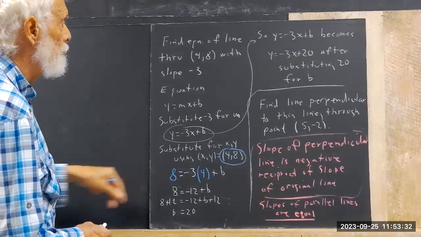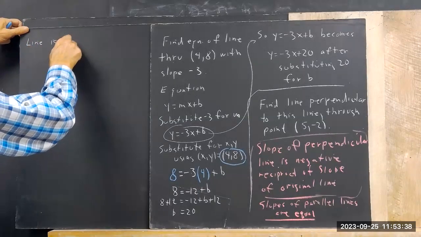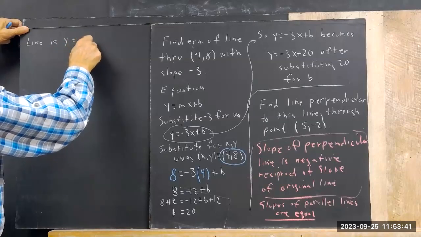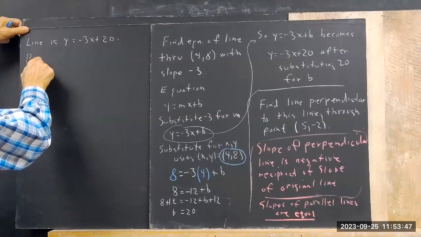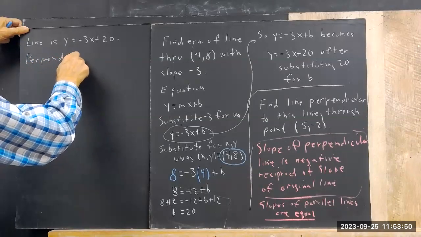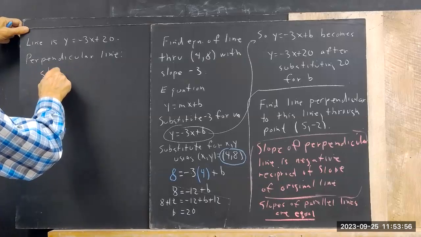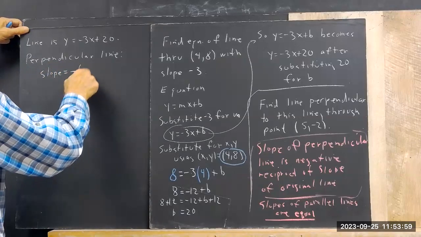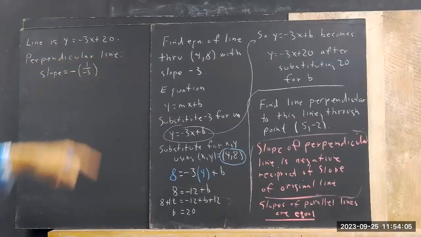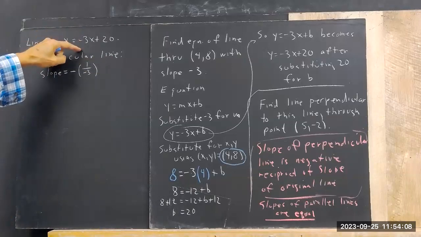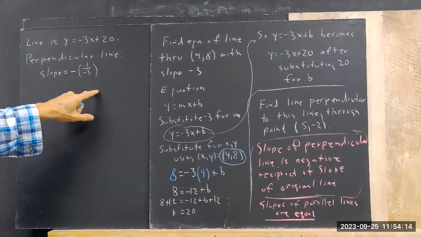Okay. And for the perpendicular line, the slope is the reciprocal of this slope, which would be 1 over -3, but it's the negative reciprocal, okay?